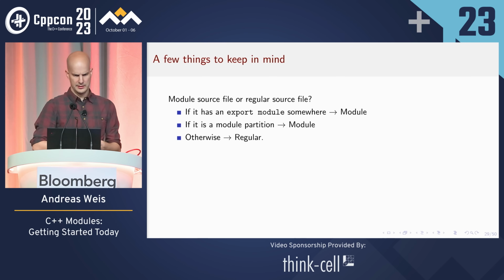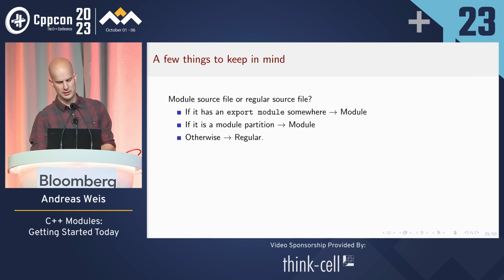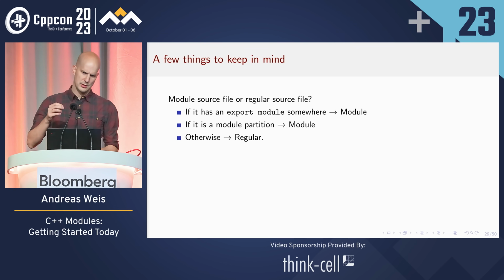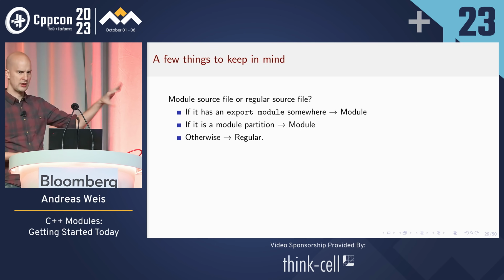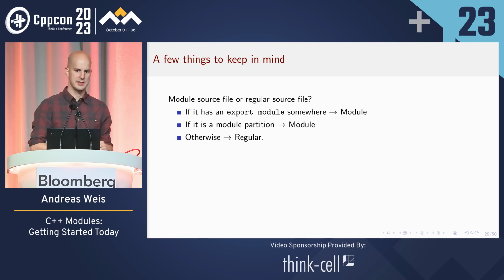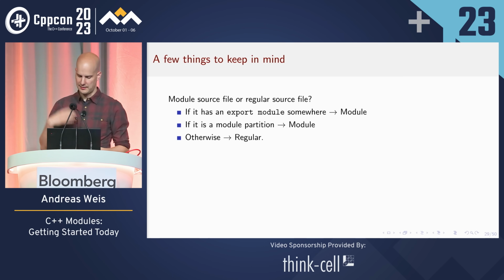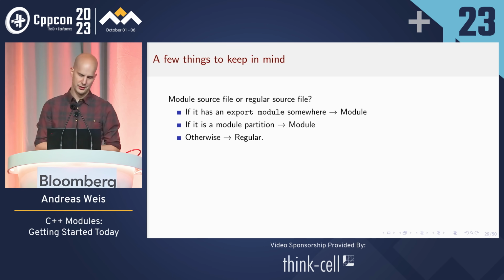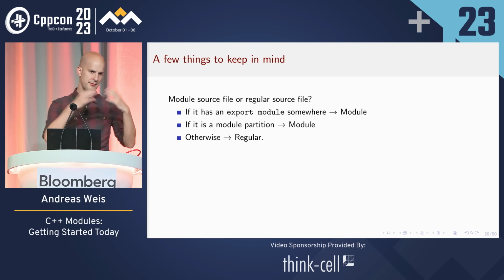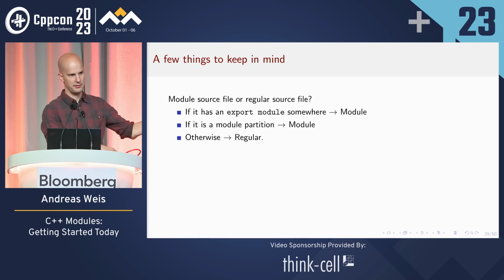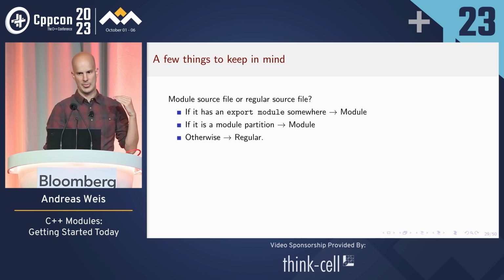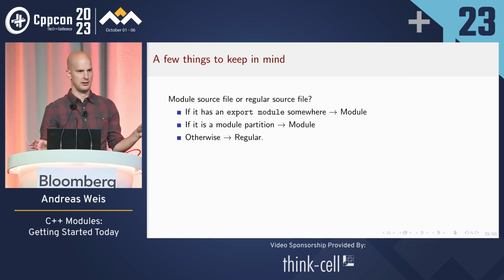So a few things that I wanted to mention here since they come up early. When is a file a module source file and when is it a regular source file? When do I put it into this modules file set? You might be tempted to think, and that was my first intuition as well when trying this out, that whenever there's something in there that's related to modules, it goes into the modules file set. That is not how it works. In particular, if you're just importing modules, you're just a normal source file.